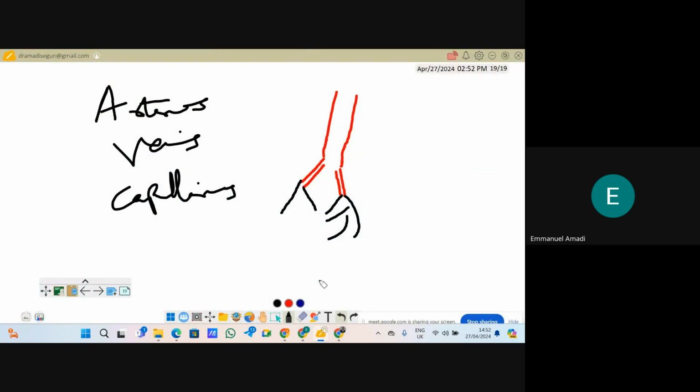All right. So if you look at the capillaries, this is how the capillaries are basically. You can classically see that the capillaries have a wider surface area.